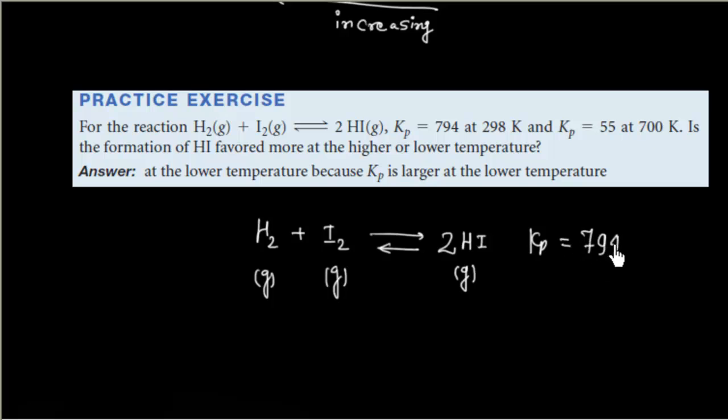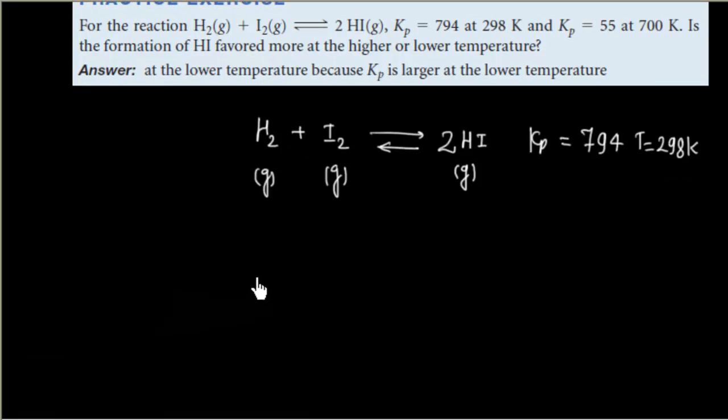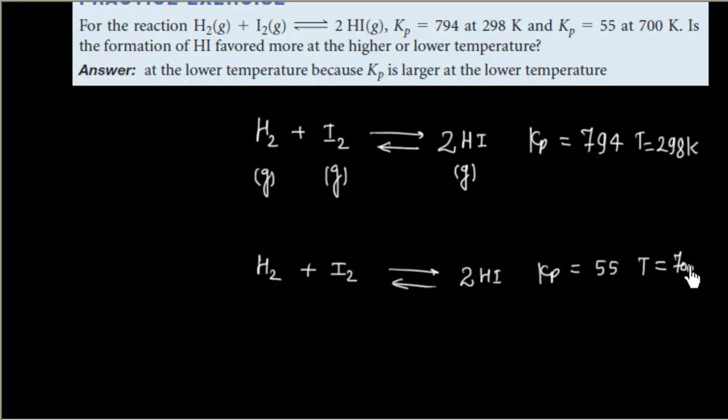Kp is 794 and the temperature is 298 Kelvin, that is room temperature. Now the same reaction, and this time Kp is 55 and the temperature is 700 Kelvin.